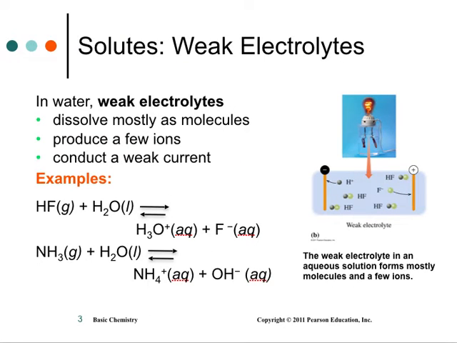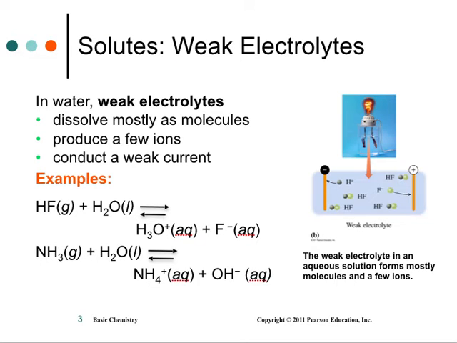Weak electrolytes simply don't break down completely. So it would form positives and negatives, so it is made up of ions, but it would break apart incompletely in water. So it doesn't dissolve all the way. So when it dissolves, if you were to dissolve it into, say, water, you would have mostly molecules rather than all ions.